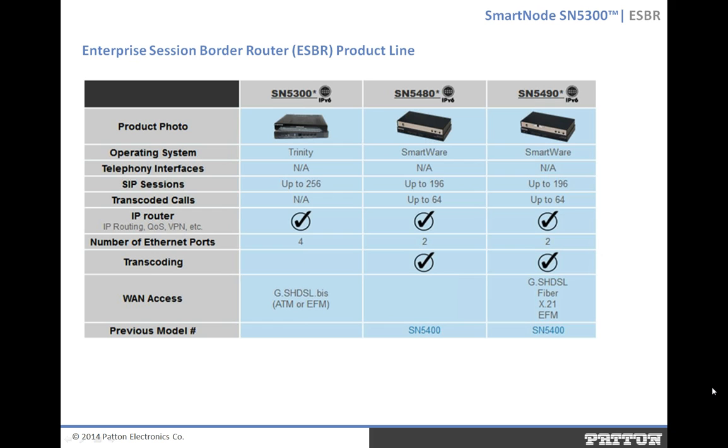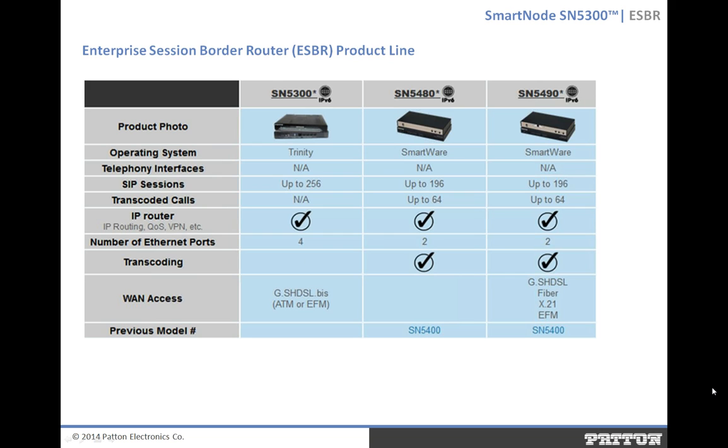To go back to the ESBR product line, again, to give you an overview of what kind of units we have in terms of the ESBR products. So new, the 5300. In terms of performance, as you can see, it's possible to handle up to 256 simultaneous calls.